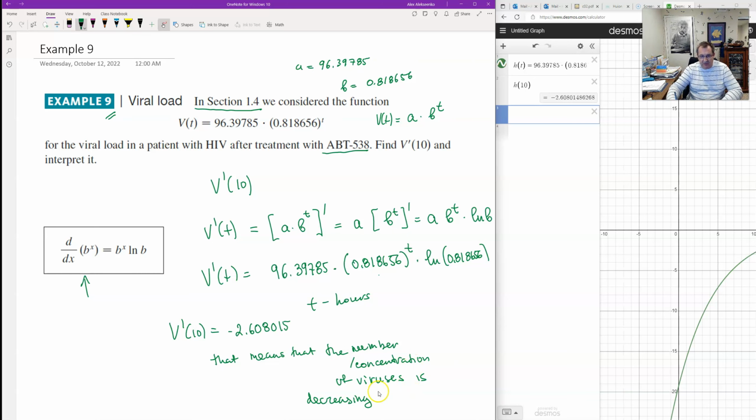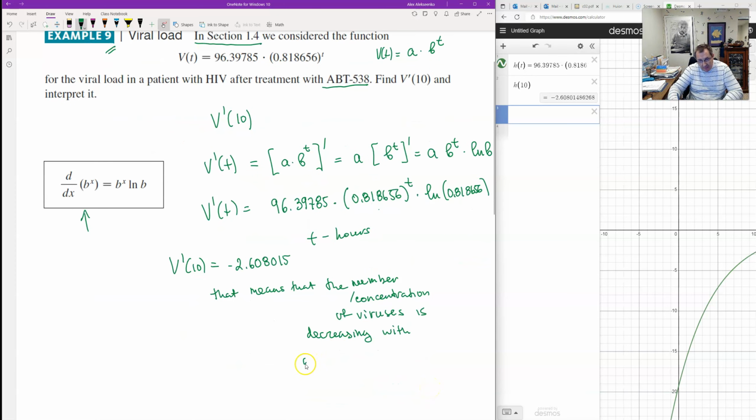That means there's less of them, with approximately negative 2.6 concentration, less concentration in the next hour.